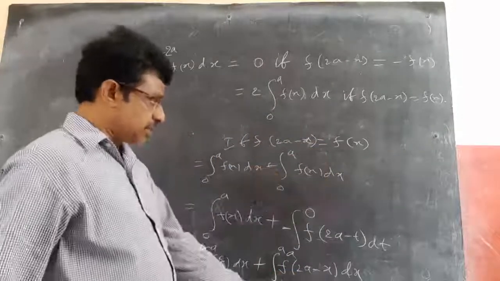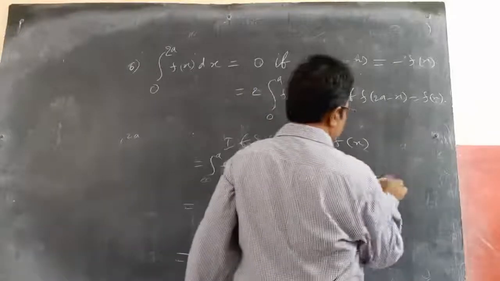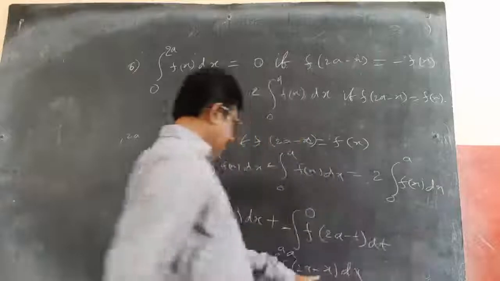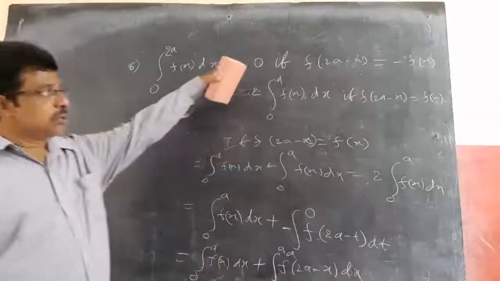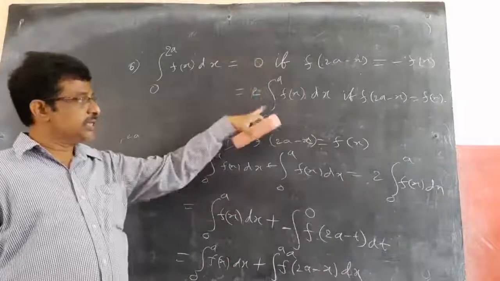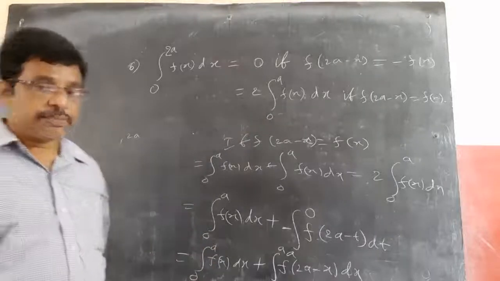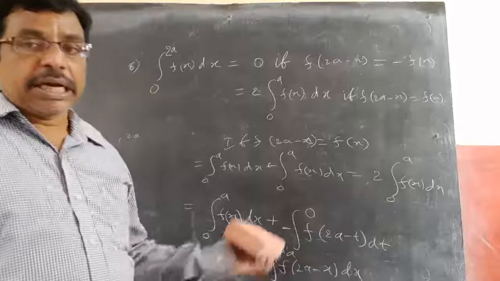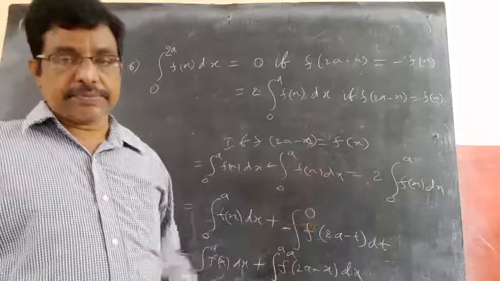So adding the two, I get 2 times the integral of 0 to a f(x) dx. If it is minus f(x), it gets cancelled and becomes 0. So if it is this, then 0; if it is this, then this. Hence proved. This is how we prove these properties, and we will use this in the next sums.